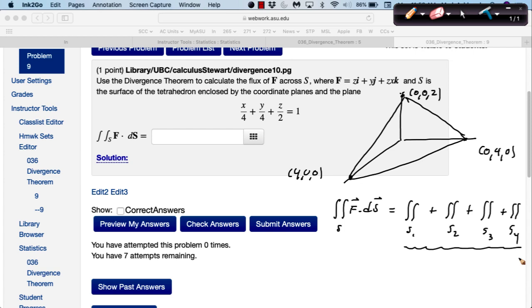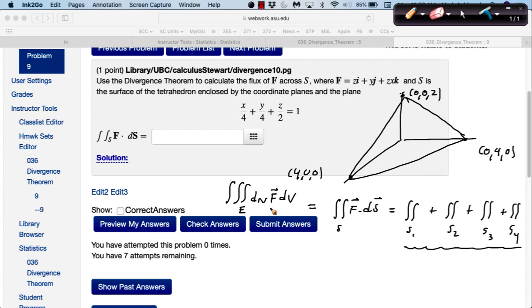So what does it mean to use the divergence theorem? The divergence theorem says that flux, which could be calculated this way, is also equal to the triple integral over the solid E of the divergence of F dV.